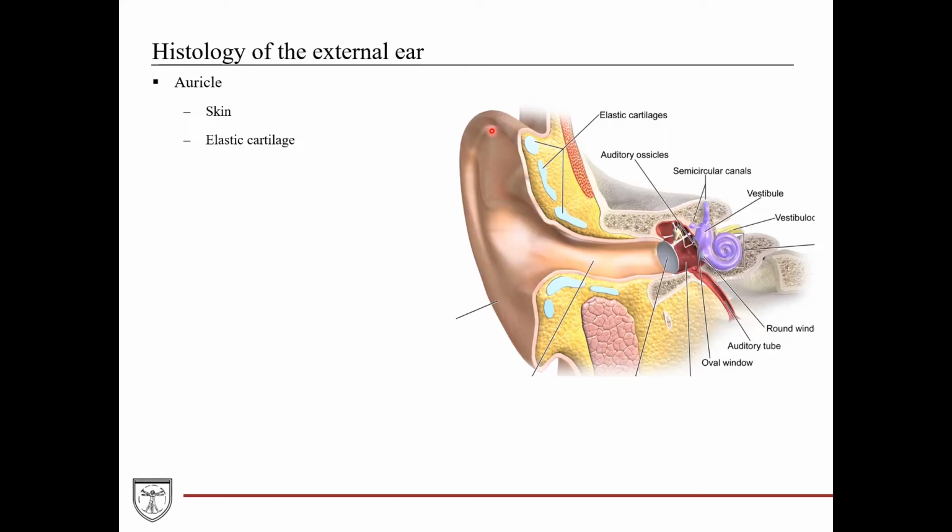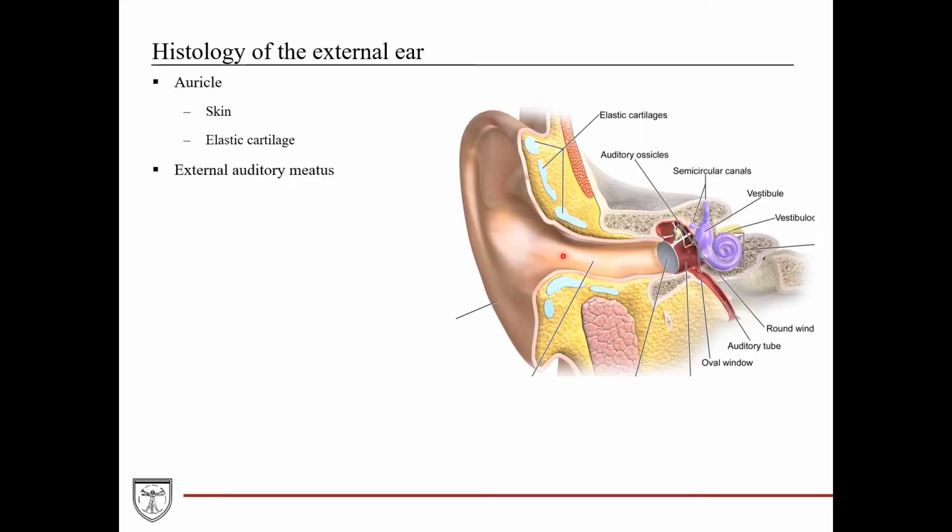But the structural support of the auricle, and the reason why our auricles maintain their shape for the most part, is due to the elastic cartilage core on the inside, which is helpful in our ability to bend our auricle and change its shape, push it against the head, but it pops right back to its original shape usually. That's thanks to the elastic cartilage.